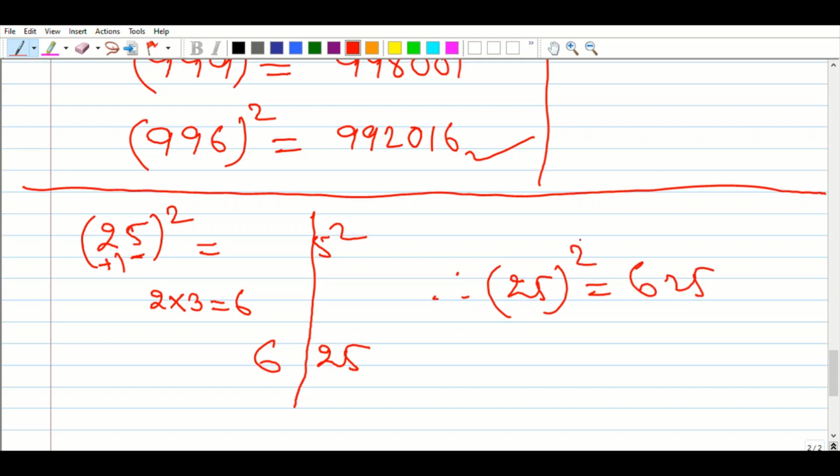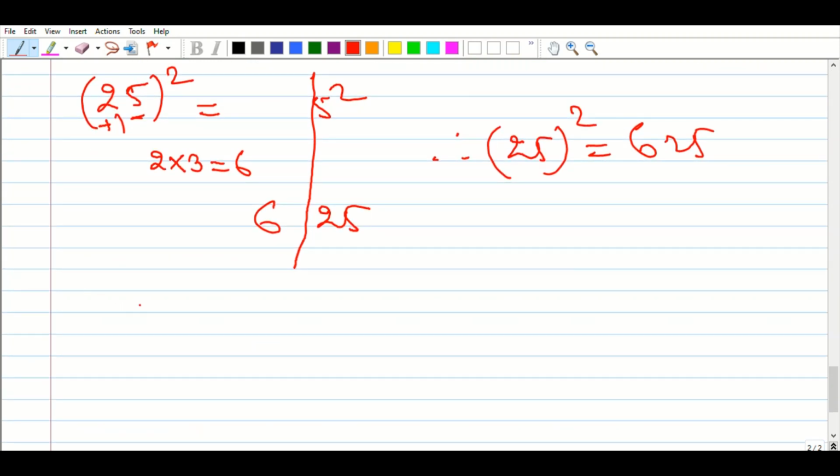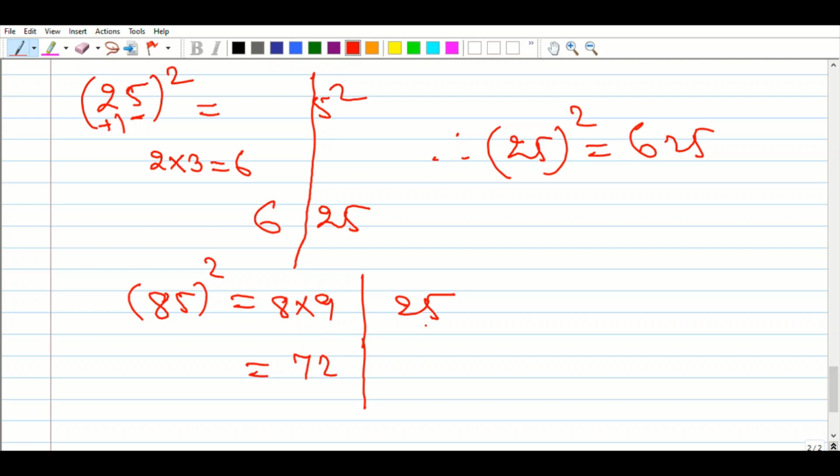Sir, we can do 85 also such type. Yes, 85 square equals, you can write 5 5s are 25, and here we take 8 and the successor of 8, it is 9. 8 9s are 72. Here is 25. So therefore 85 square equals 7225.